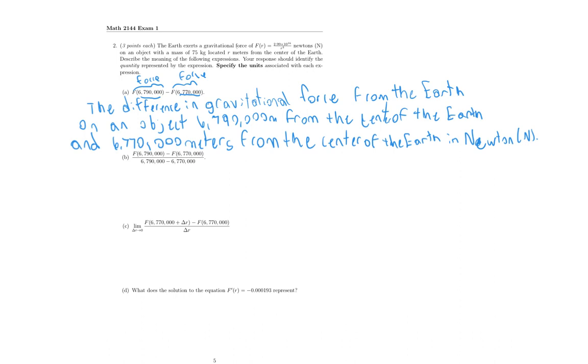Okay, so for this next one, you'll see the top is the same, but now we're dividing by the, I guess, kind of the r values on the bottom. And so this is set up in the formula of the average rate of change.